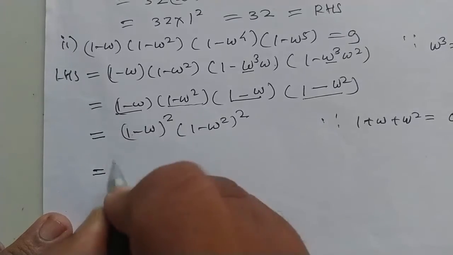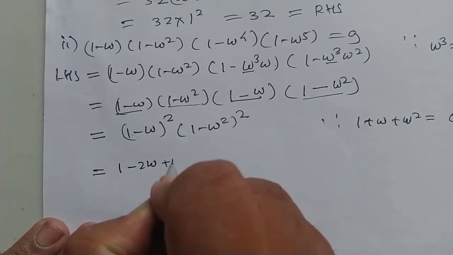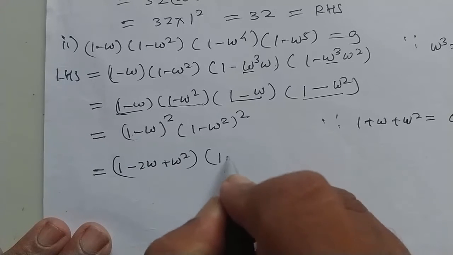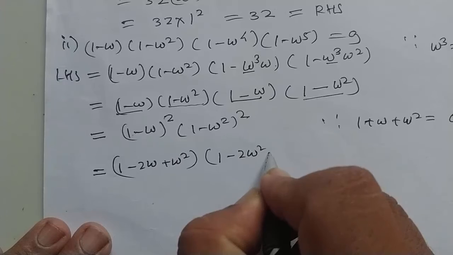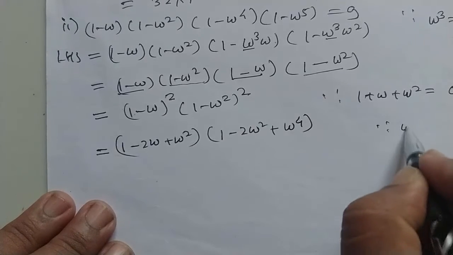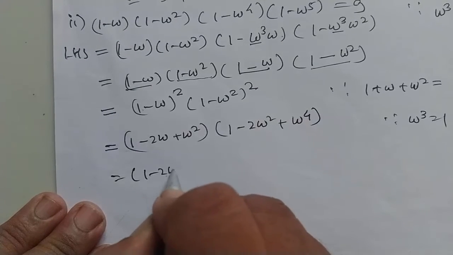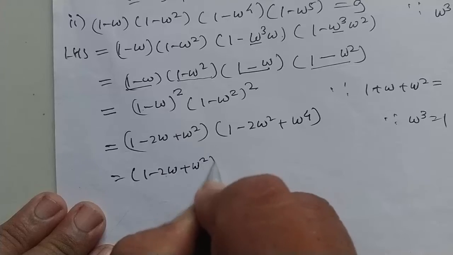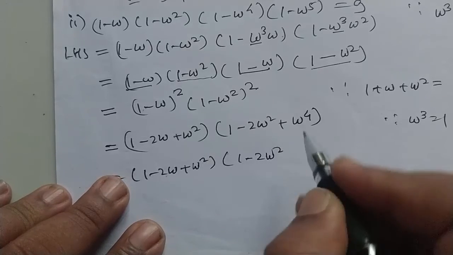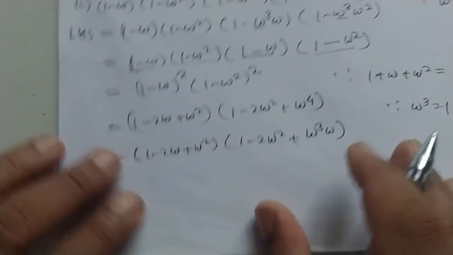We expand 1 minus omega, squared: 1 minus 2 omega plus omega square, and 1 minus omega square, squared: 1 minus 2 omega square plus omega raised to 4. Again omega cube is equal to 1, so 1 minus 2 omega plus omega square, and 1 minus 2 omega square plus omega raised to 4, where omega raised to 4 is omega cube into omega.